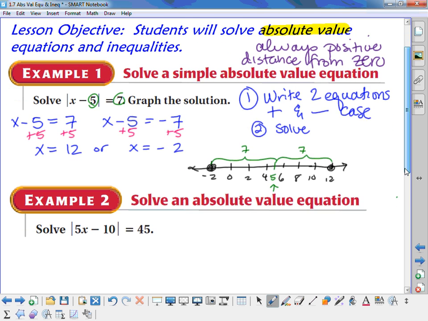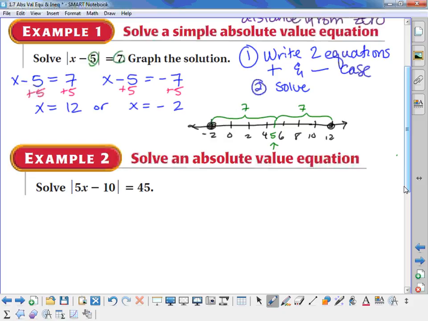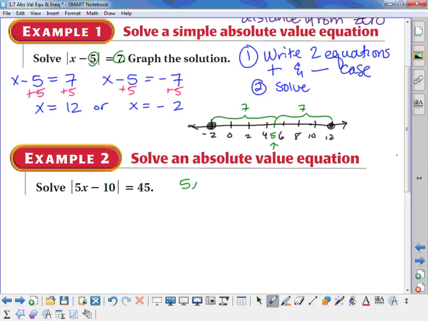Alright, let's do another one for you guys here. Okay, so we're going to solve another absolute value equation. So again, the first thing I need to do is what? Make two equations. So I've got 5x minus 10 equals 45, or 5x minus 10 equals negative 45.